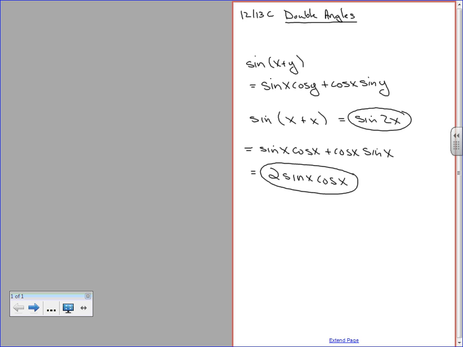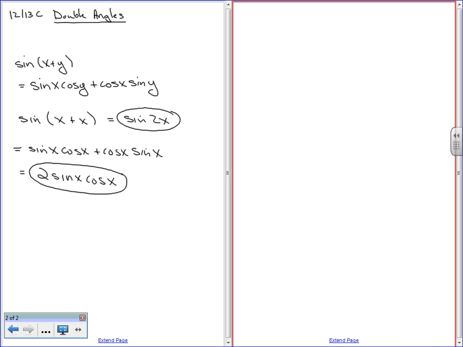Okay, so we'll do a quick example very similar to what we did last day, where I give you some information about the angle, and then you use that information and draw yourself a diagram so that you can figure out other information about that angle and then answer exact values.